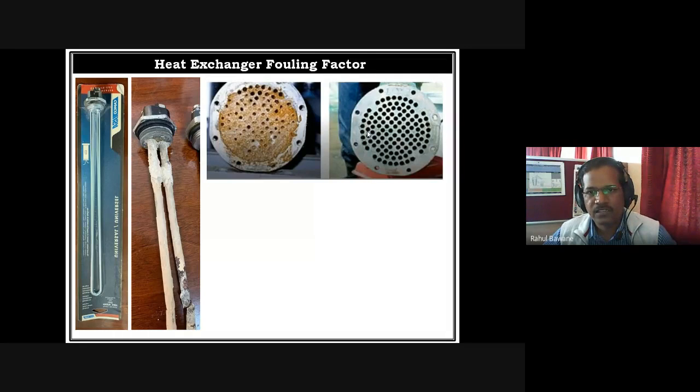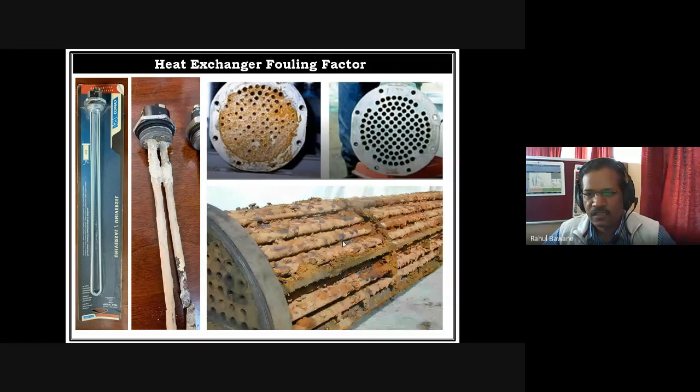So this is a new one. After some use, you can observe that almost all holes get plugged due to this scaling. This is another picture showing the internal section. Hot gases pass through these inner tubes, but the outside fluid after some use produces such scaling, and because of this heat exchanger efficiency is reduced.